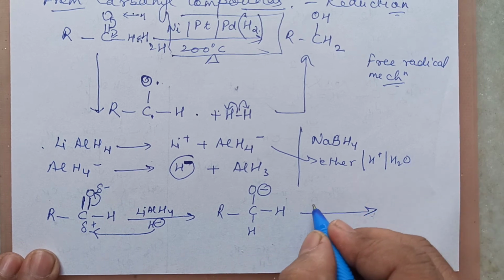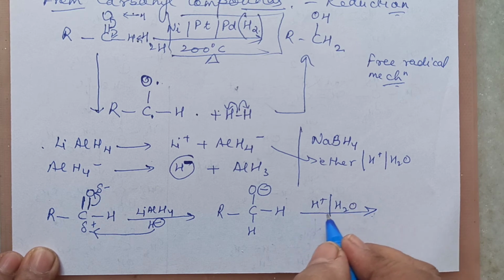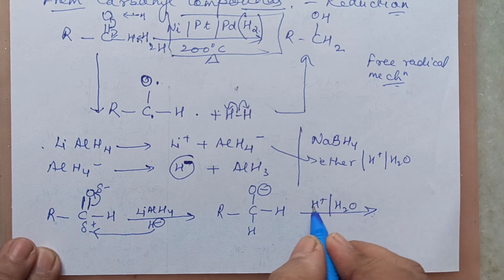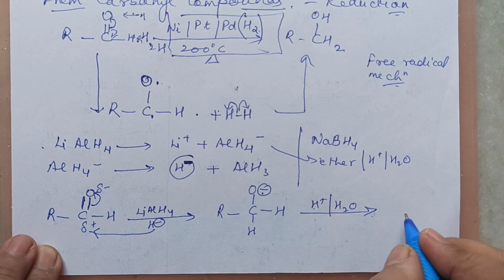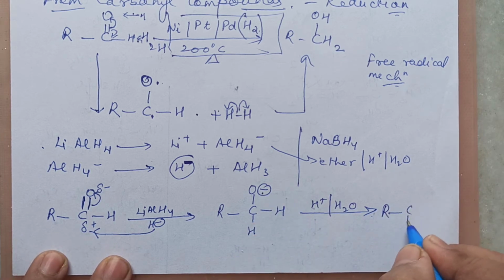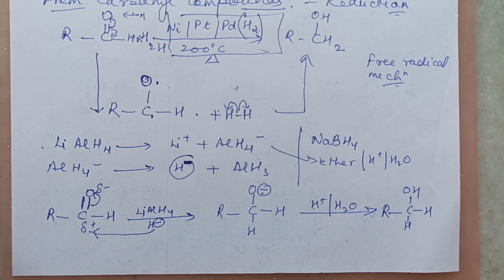So what will happen is H plus from an acid medium, when we have taken water, so H plus from here will go on this oxygen which is having negative charge. So what you get is R, CH, H and OH. So product is same.